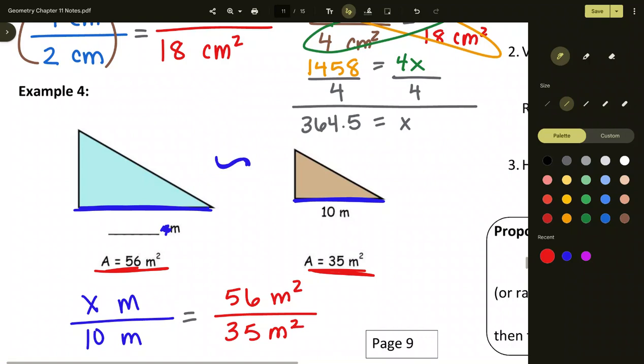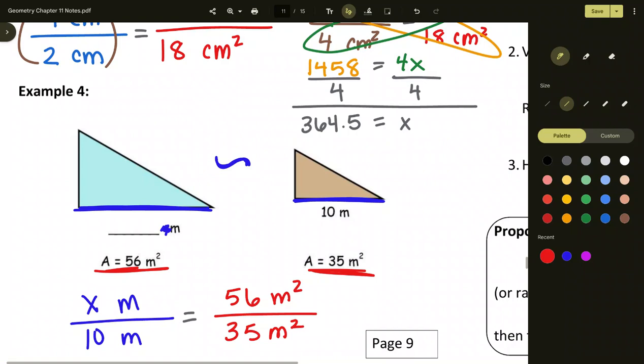Okay, now typically on the last ones, we were squaring the numbers so that they all matched with the area because the area was missing. But this time, we don't want it to be squared because we want to find the base length in meters. So there's a couple different ways that you can do this. We could get rid of the squares for the 56 meters squared and the 35 meters squared.